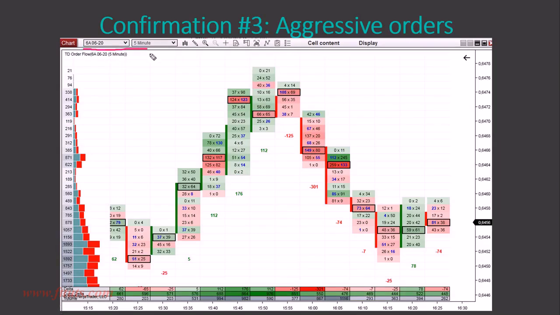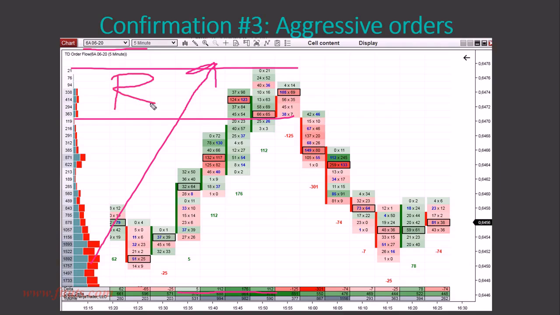This is Australian dollar futures, also 5-minute chart. All those examples I'm showing you are actually on 5-minute chart. Price was going upwards. Delta was positive, as you can see in here, which is normal when the price goes upwards. Imagine that there was a resistance somewhere in this area and you wanted to see a confirmation. First thing to notice, absorption.